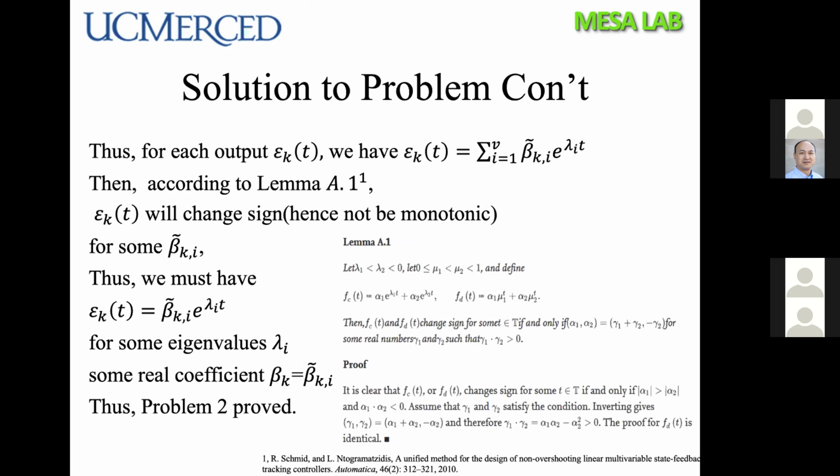Thus, for each k from 1 to p, we must have epsilon_k(t) equal to beta_k tilde times e to the power of lambda_i t, for some eigenvalue lambda_i and some real coefficient beta_k. So thus, problem 2 is solved.